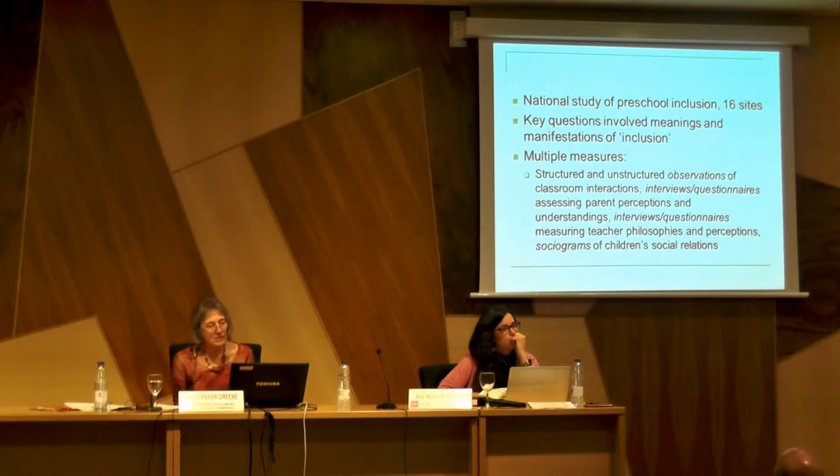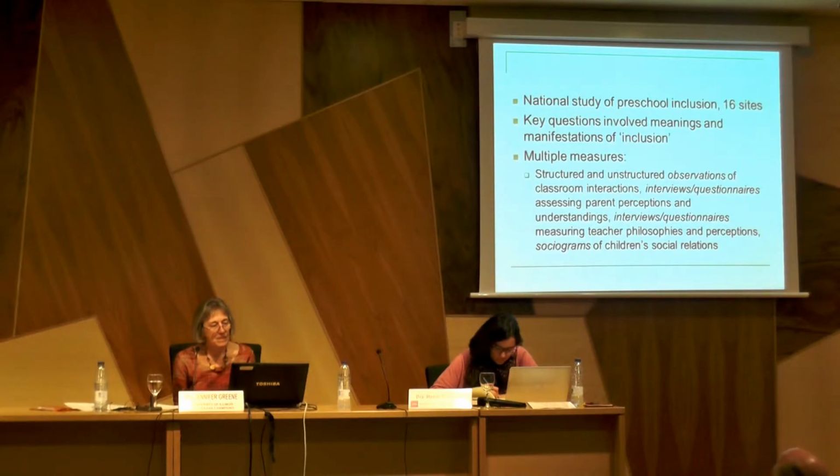So that's what inclusion means. 16 sites, so it's a big study. The key questions of the study involved meanings and manifestations of inclusion. Well, what did inclusion mean at these various 16 sites, and what did it look like?